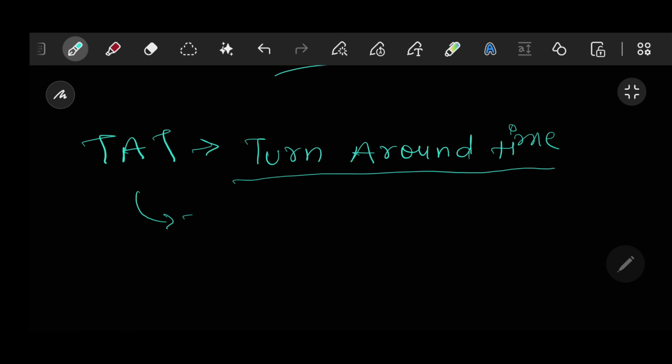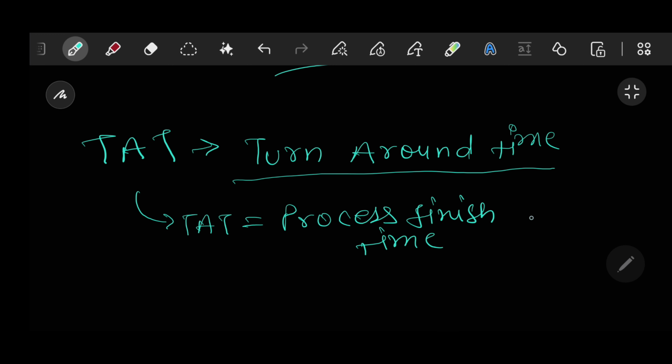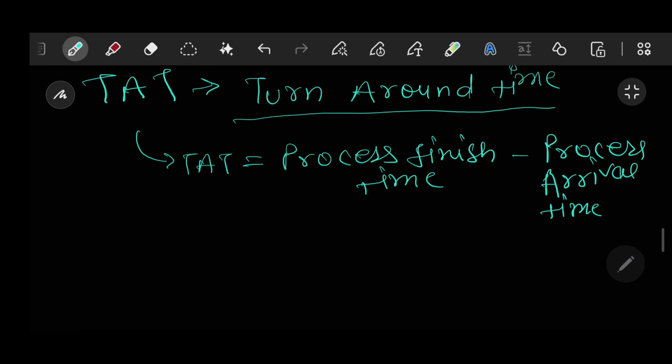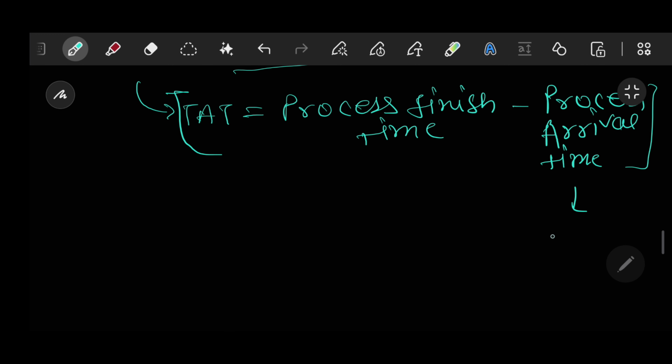The formula to calculate TAT is process finish time minus process arrival time. It is a very important formula. Process arrival time is generally given in the question, and process finish time we will identify by the Gantt chart.